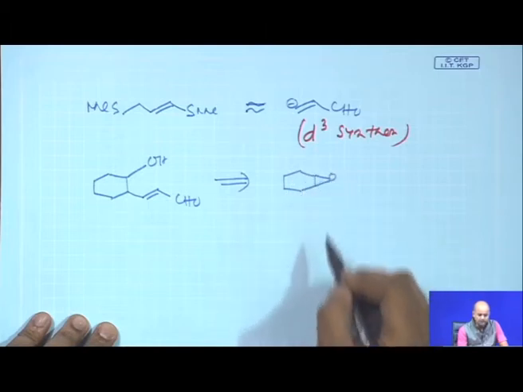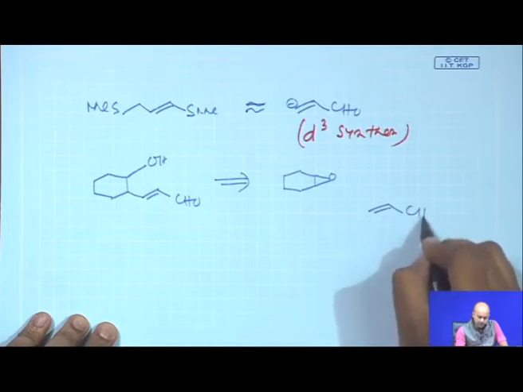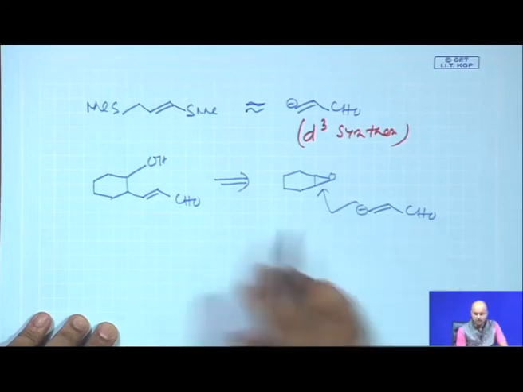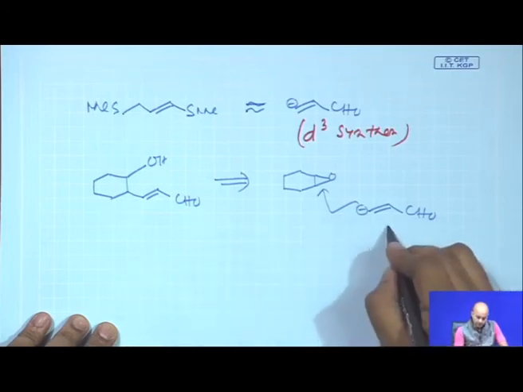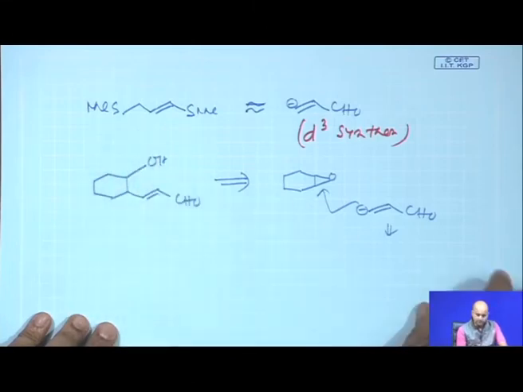If you have an epoxide as an electrophile, you react with this vinylic anion, it can open up and it will give you this compound. Now, this you can easily prepare as mentioned earlier. Okay. So, this is very simple, you can do it in a very straightforward way.